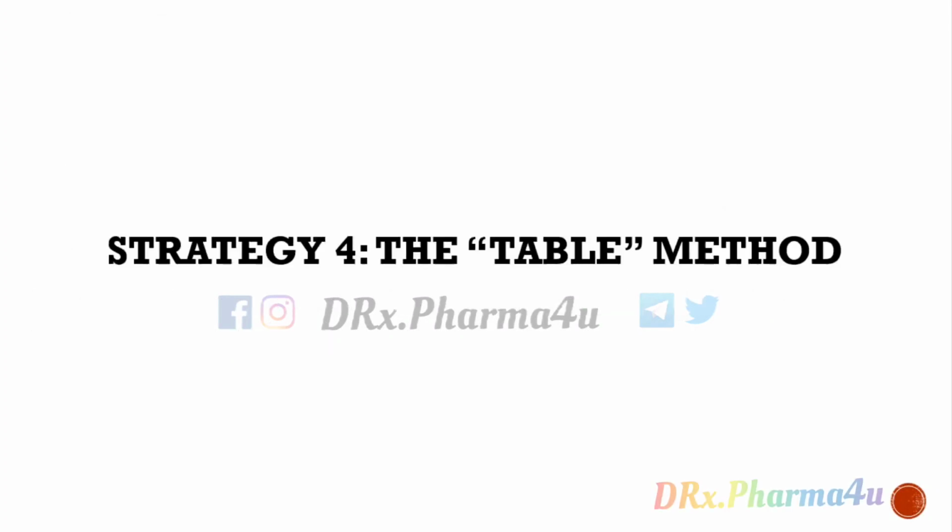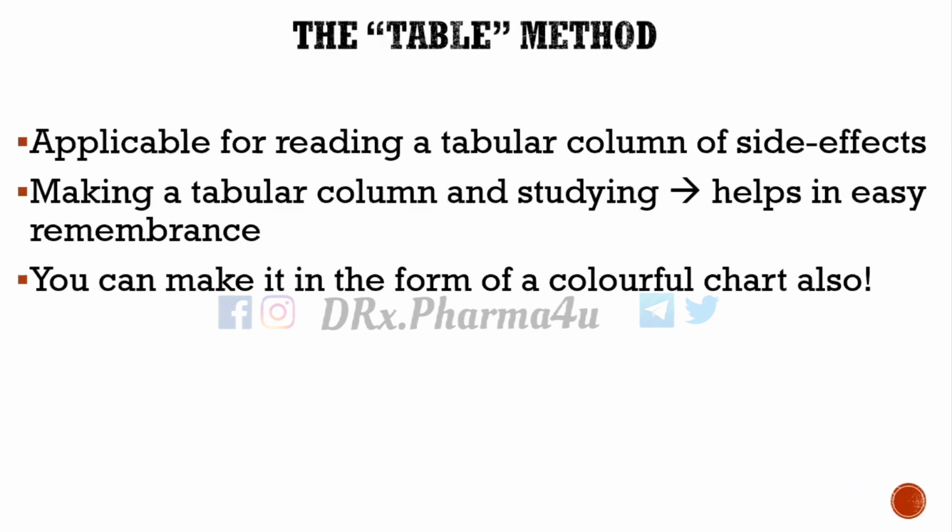The next strategy is the table method. This is applicable for reading a tabular column of side effects. Making a tabular column and studying helps in easy remembrance, and you can make it in the form of a colorful chart. For example, in many textbooks, especially Katzung, you will see that they summarize the side effects, doses, uses, and important points of medicines in the form of a table.